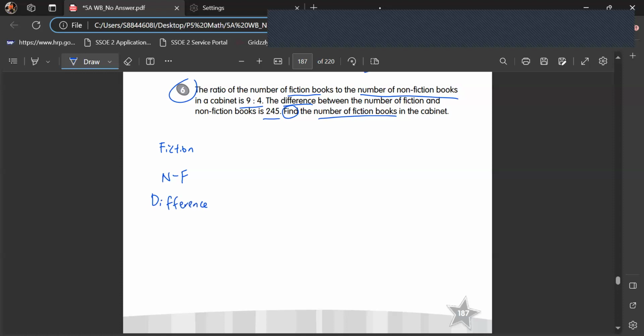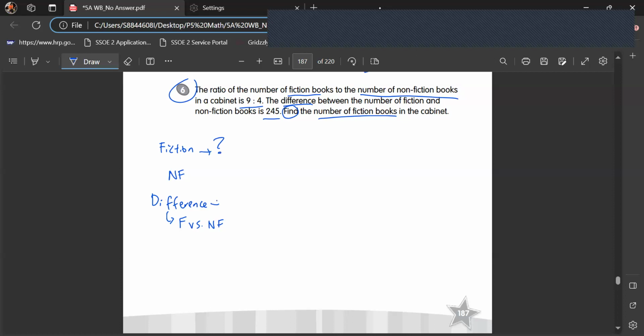Difference means number of fiction versus non-fiction. Then the question asks for fiction, question mark.